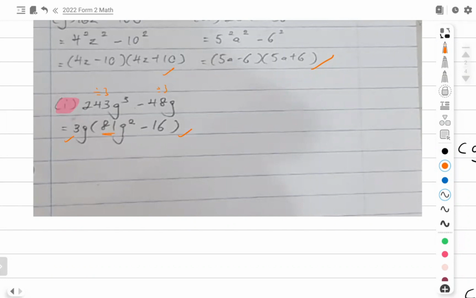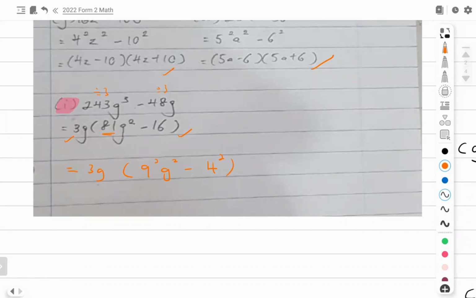9. What about 16? 16 is also perfect square. Change to 4, right? Yes. So we can write like this. Then next, how to do factorization if you have perfect square? In full.